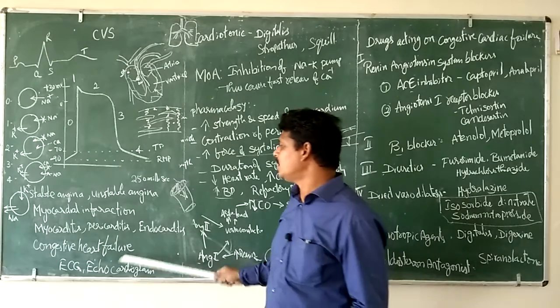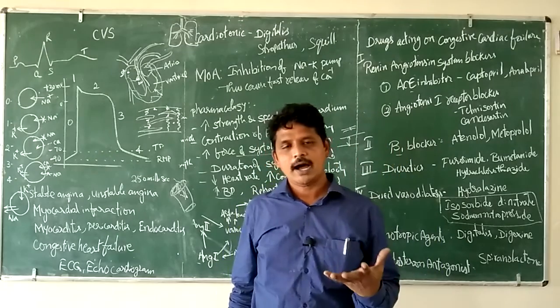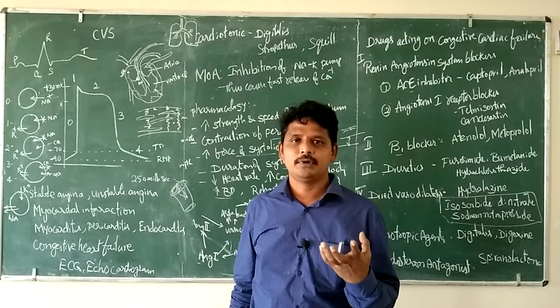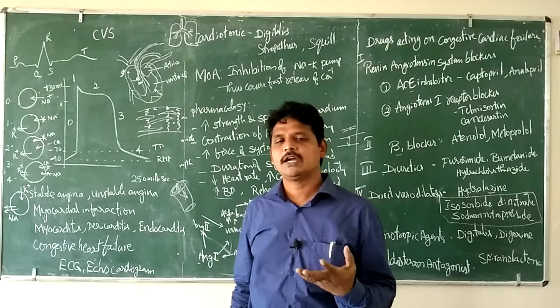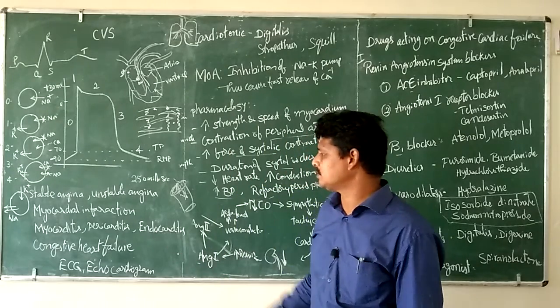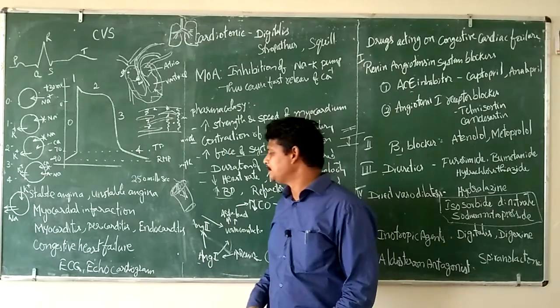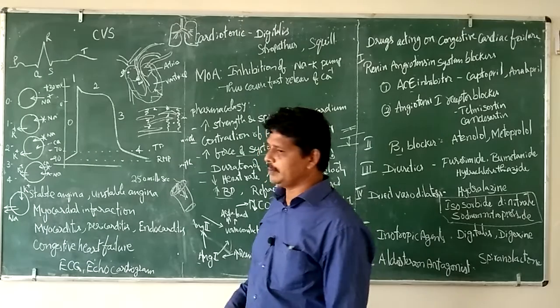Next, congestive cardiac failure. Here the heart, which is nothing but a pump, cannot pump blood in a sufficient manner. As a result, the individual cannot get enough oxygen, and death may occur because of this. Next, ECG is electrocardiogram, and there is also echocardiogram.